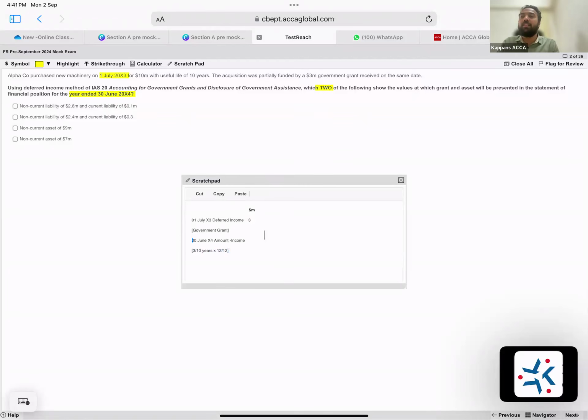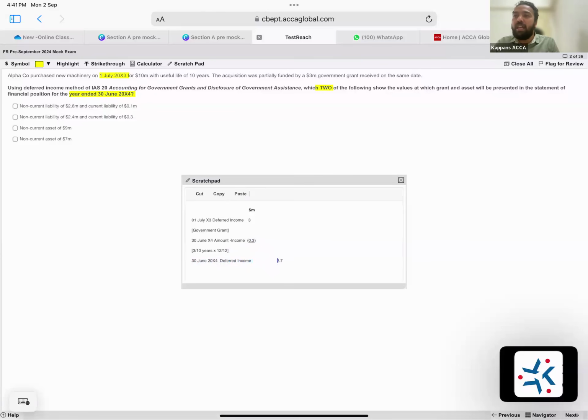In this case, since it is in the beginning of the year, we can show the entire income as income in P&L. So 0.3 million. So on 30th June 20X4, 3 minus 0.3 million, the balance 2.7 million will be recorded as deferred income in SOFP, which is a liability.